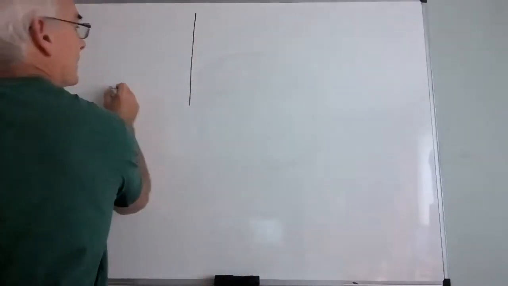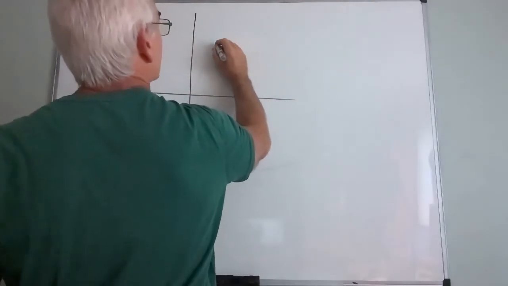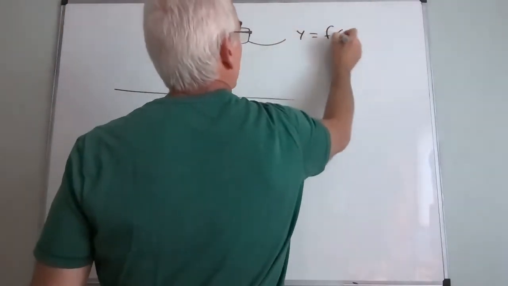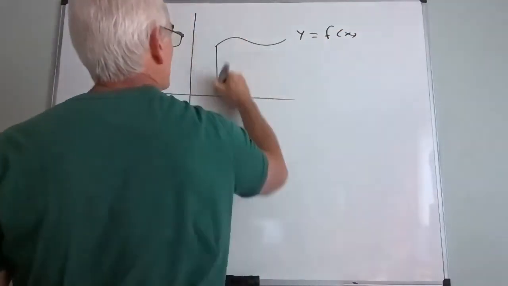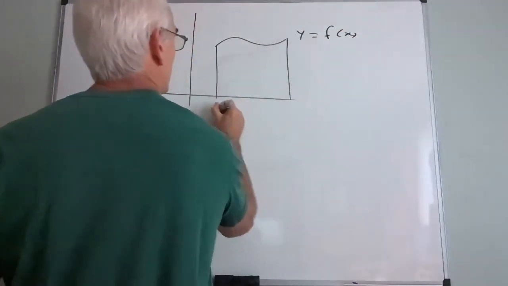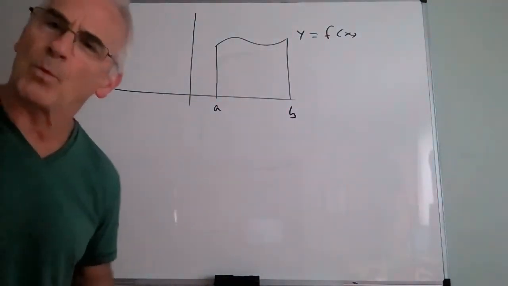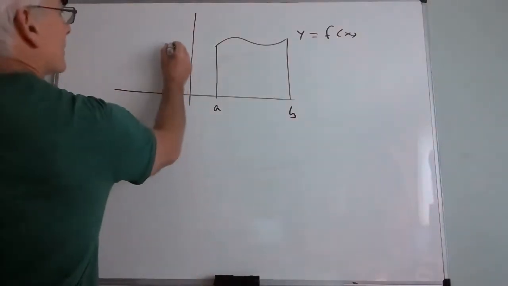So I've got something, let's say y equals f of x. This is the usual thing. And I want to take this thing here and I want to rotate it about the y-axis this time.